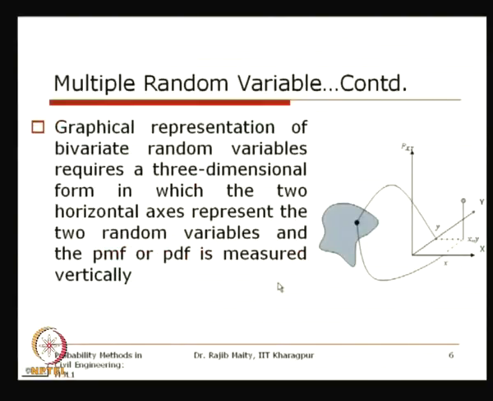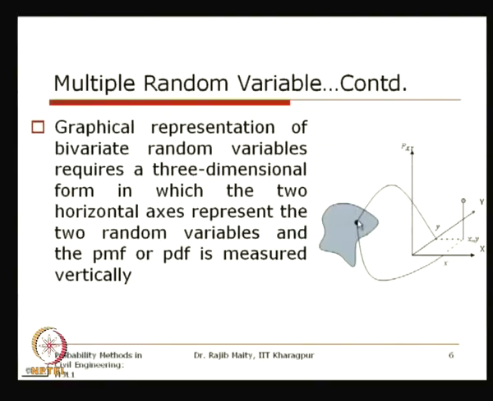Now, as I was showing here, this graphical representation, as I told, is for the bivariate random variables case, and requires a three-dimensional form in which the two horizontal axes represent the two random variables and the PMF or PDF is measured vertically. So here you can see this is my sample space, which consists of all possible outcomes of one random experiment.